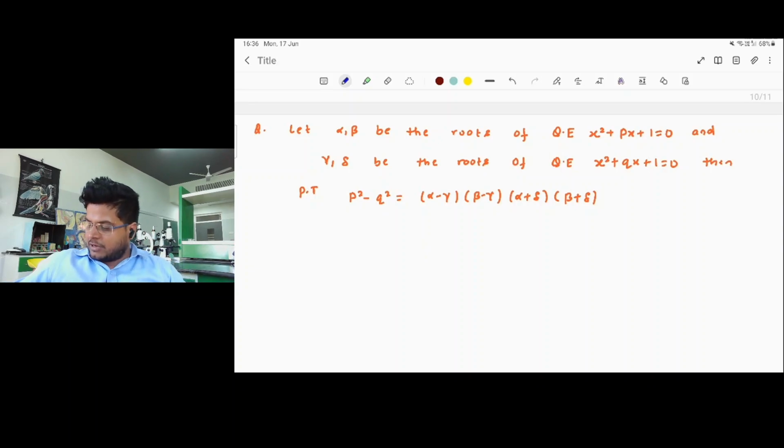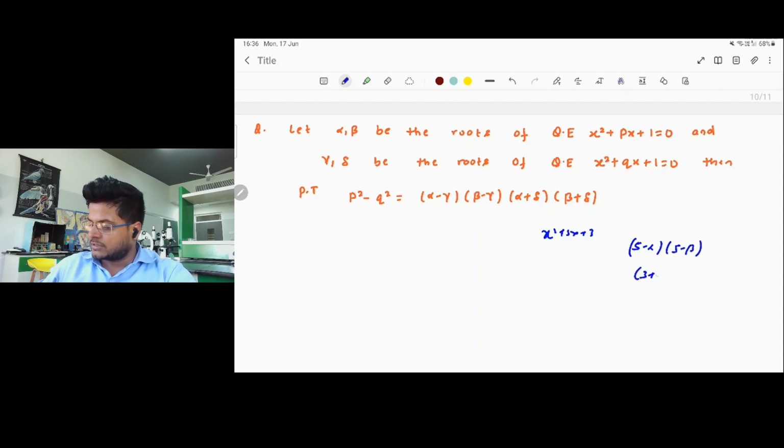Okay. Now coming back to this, if you try to recall the second or third lectures, there I asked you to solve a question like, x square plus 5x plus 3 is a given equation, and find the value of something like 5 minus alpha into 5 minus beta.